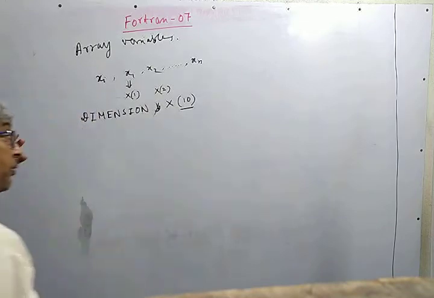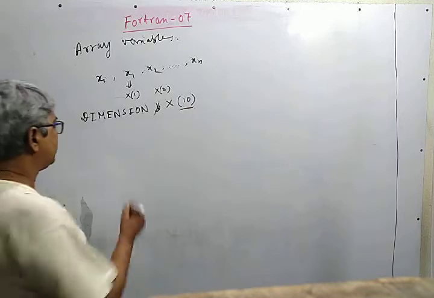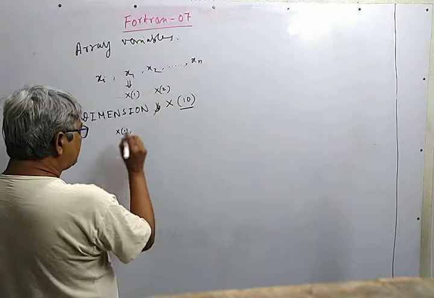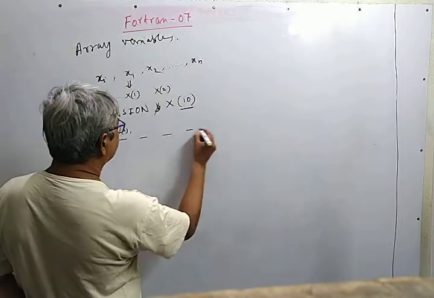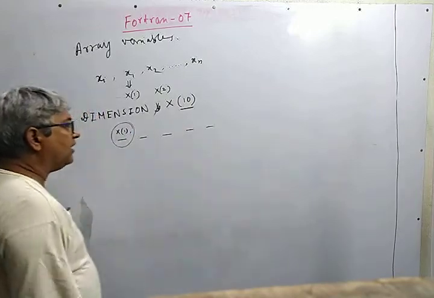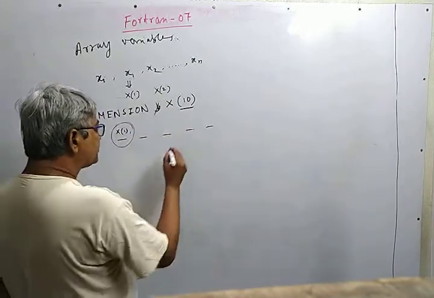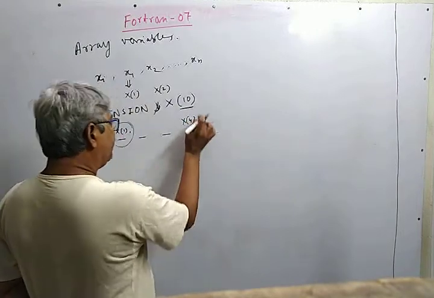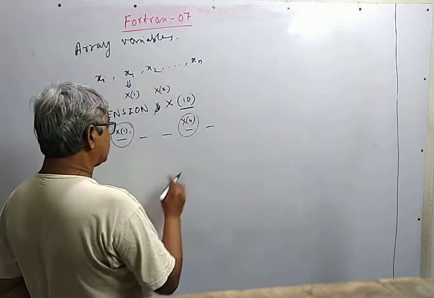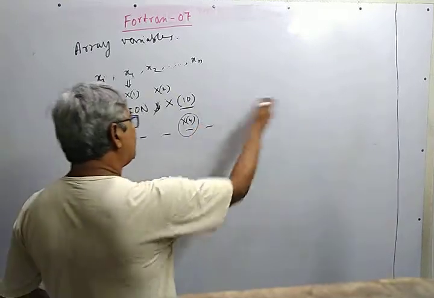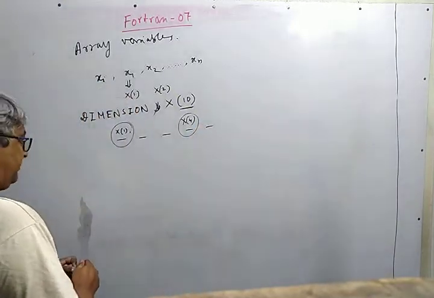If one may use only x1, then out of 10 locations only one is filled up and the 9 remain empty. If you use x4, then x4 will be allotted in the 4th location and the first 3 and the 5th to 10th locations will remain empty.